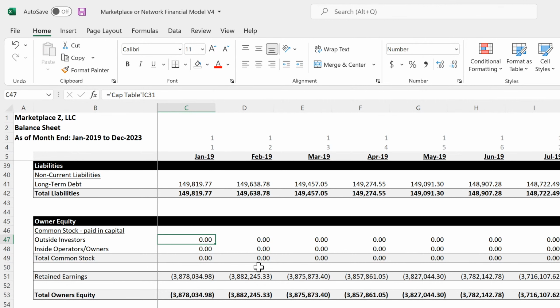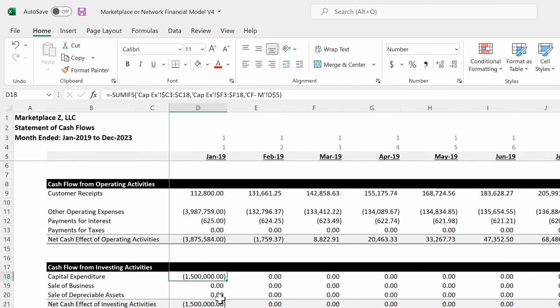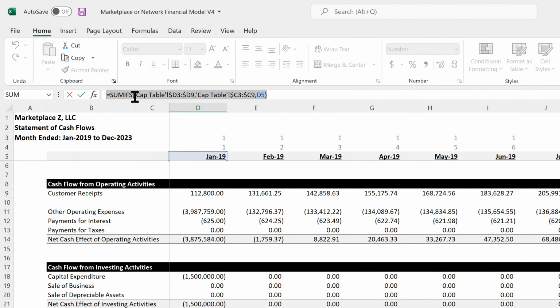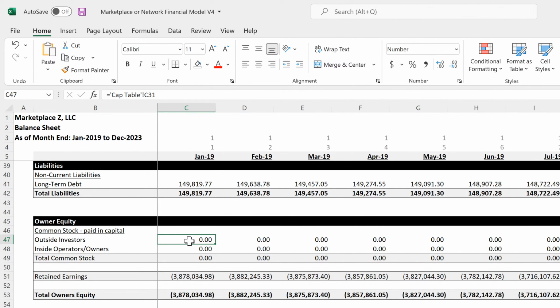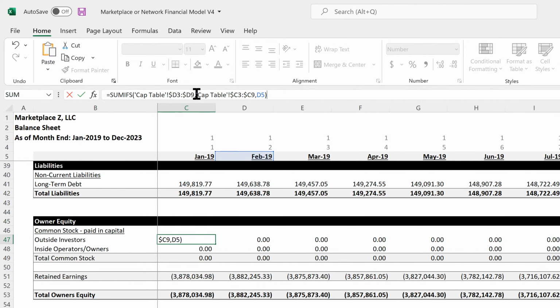So this is going to be, let's see, this calc except for we only go down to 8 instead of 9.